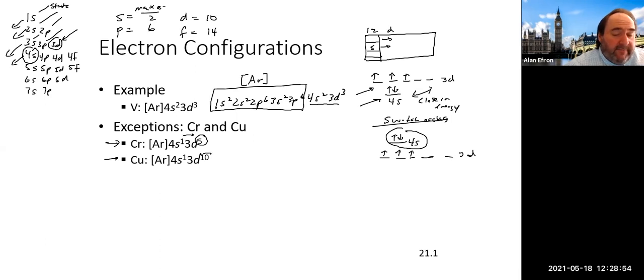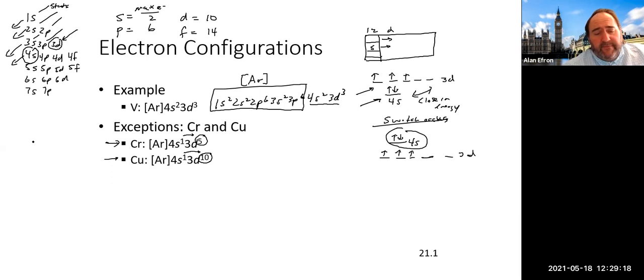Copper, which is 29, follows the same exception: an extra electron in the d orbital and one less in the s orbital. It's just found to be more experimentally stable that way. And it's able to be accomplished because these orbitals are very close to one another to begin with, so it doesn't take a lot of convincing to move up and down.